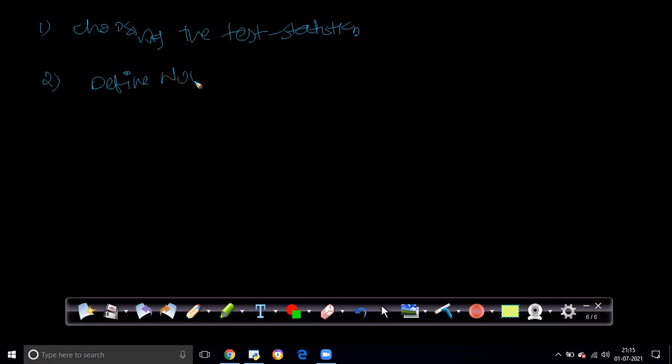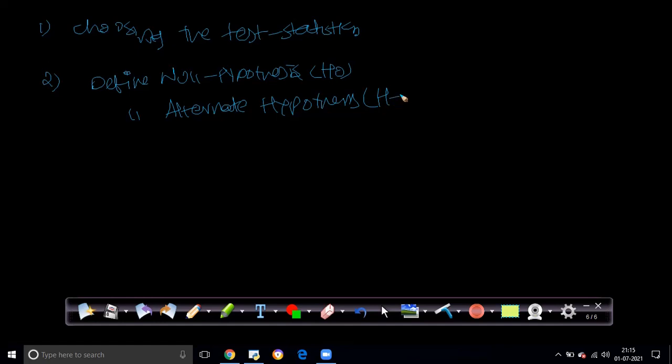The first step is choosing the test statistic. The second one is defining the null hypothesis, which is denoted as H naught, and defining the alternate hypothesis, which is denoted as H1.